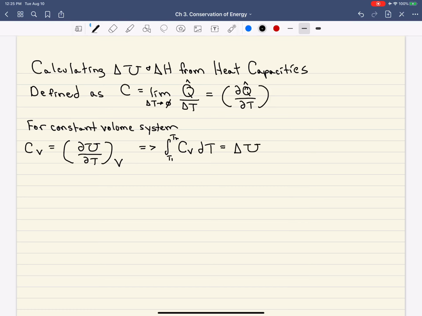Right? And so normally what I do is I signify if we're dealing with a heat capacity on a mass basis with a little hat.